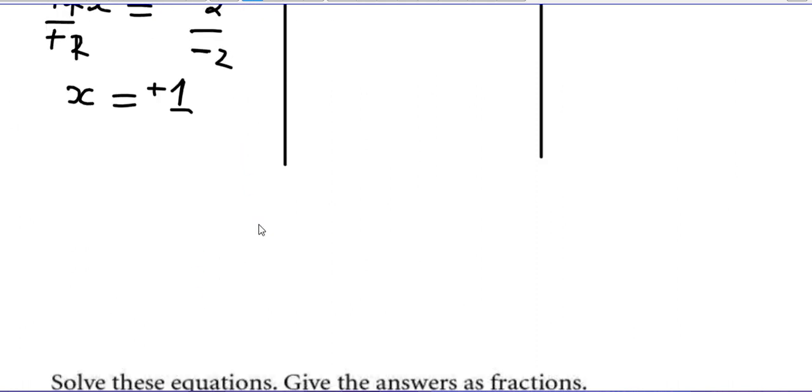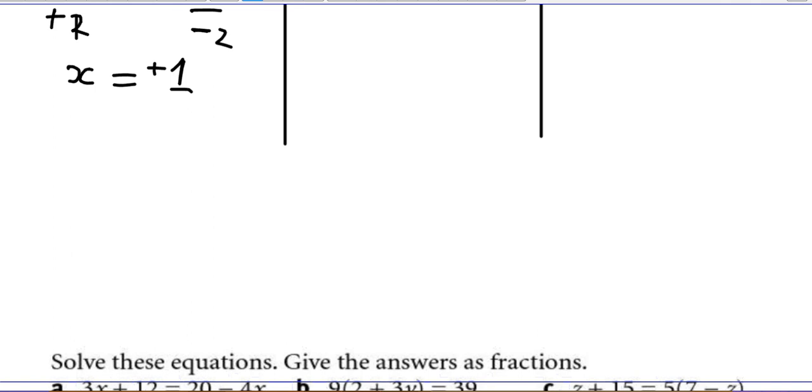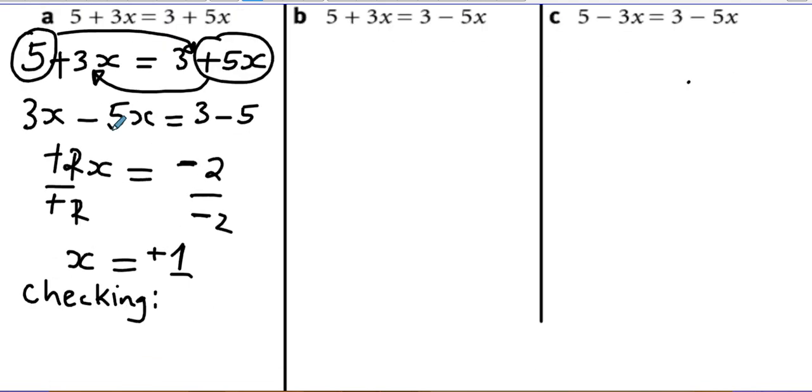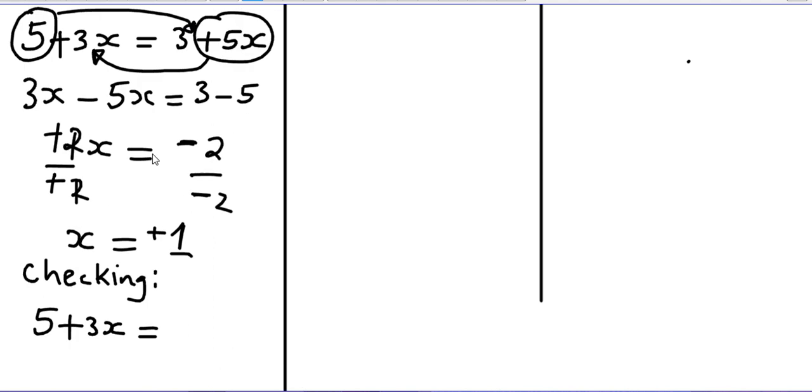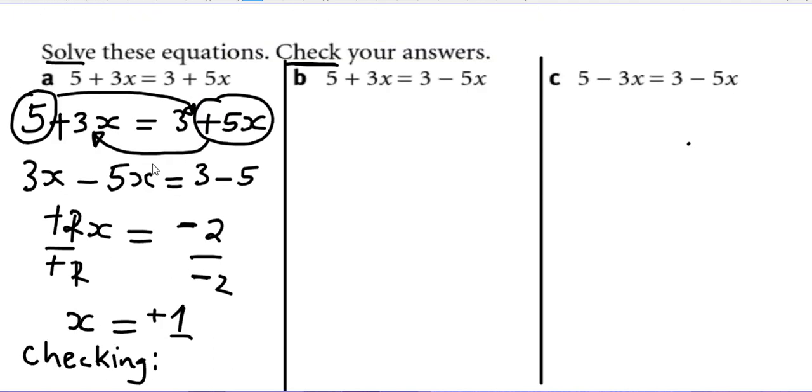Now how do we check the answer? Let us see how we check if our answer is correct. On the left hand side we have 5 plus 3x, because the right hand side is 3 plus 5x.